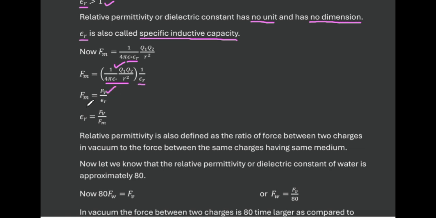So F v divided by F m is equal to epsilon r, the relative permittivity. F v is the electric force between the two charges in vacuum, and F m is the electric force between the two charges when a material medium is placed between them.